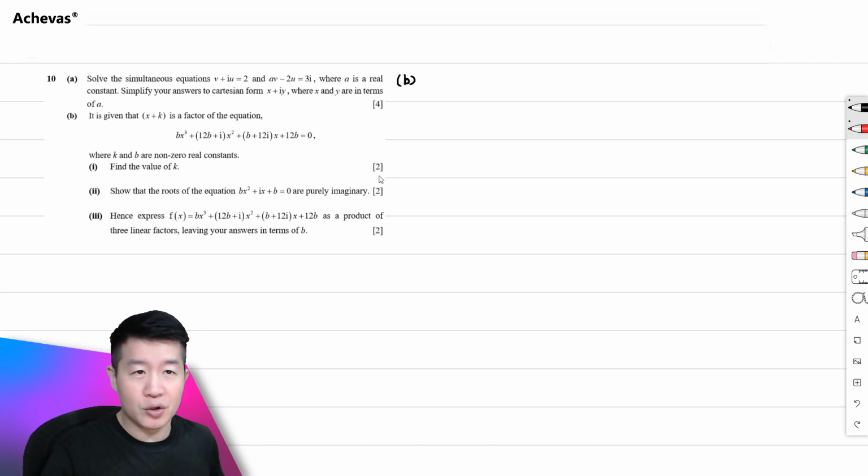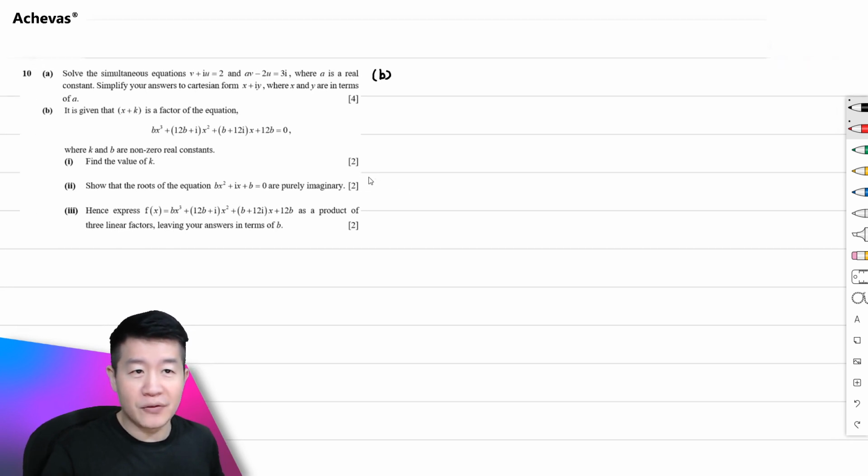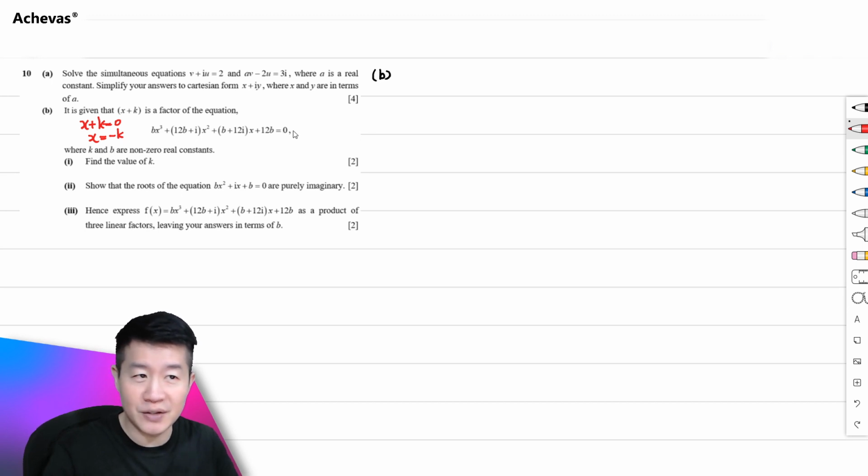we are given a polynomial and we are given a factor, which means that one of the roots of this polynomial will be when I let this factor be equal to 0, x plus k is equal to 0, which means that x is equal to minus k is the root of this polynomial. When I substitute x as minus k, it is going to satisfy, it will be equal to 0. And I'm going to make use of this to attempt to find k.